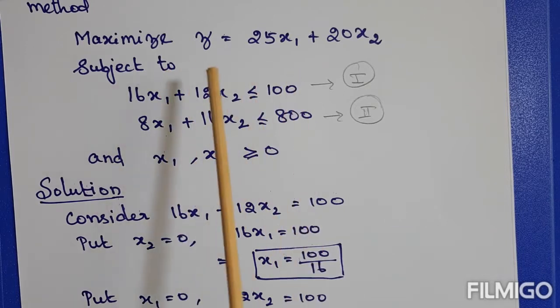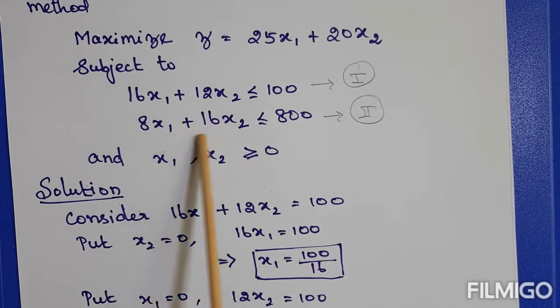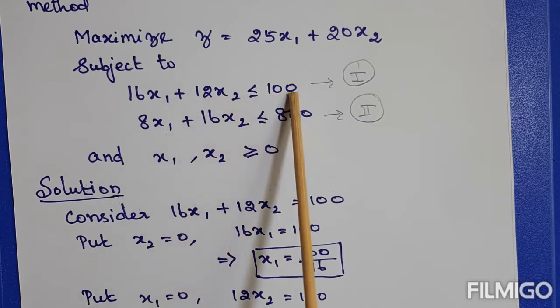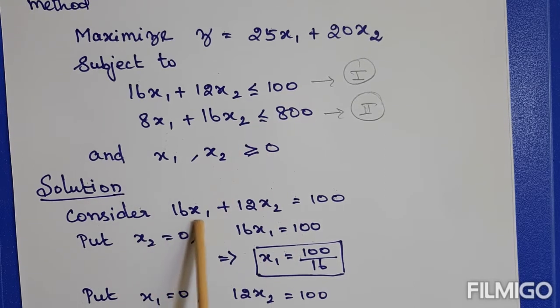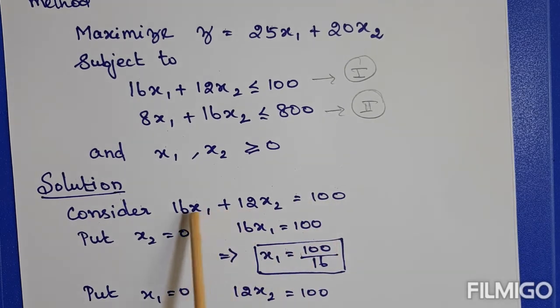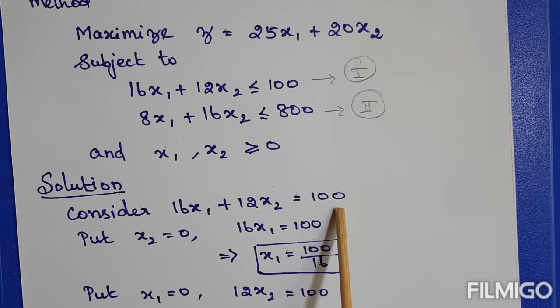First, we have to plot these regions in the graph. That's why we consider this inequality as equation: 16 times of x1 plus 12 times of x2 equal to 100. Here we have to find out 2 points on this line.